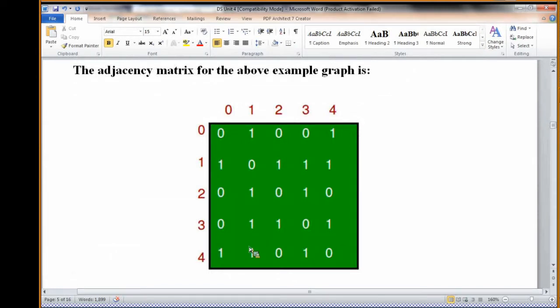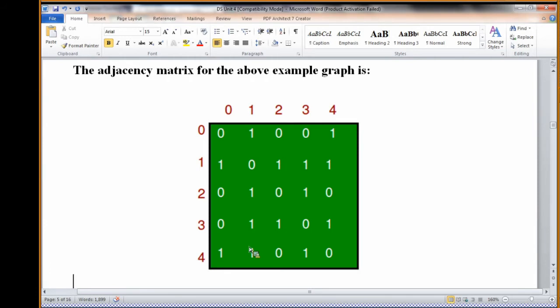Before that, please keep in mind that there are vertices 0, 1, 2, 3, 4. So the adjacency matrix will have rows 0, 1, 2, 3, 4 and columns 0, 1, 2, 3, 4. Is the connection between 0 and 0 there or not? The connection between 0 and 1, yes. 0 and 2, no. 0 and 3, no. 0 and 4, 1.